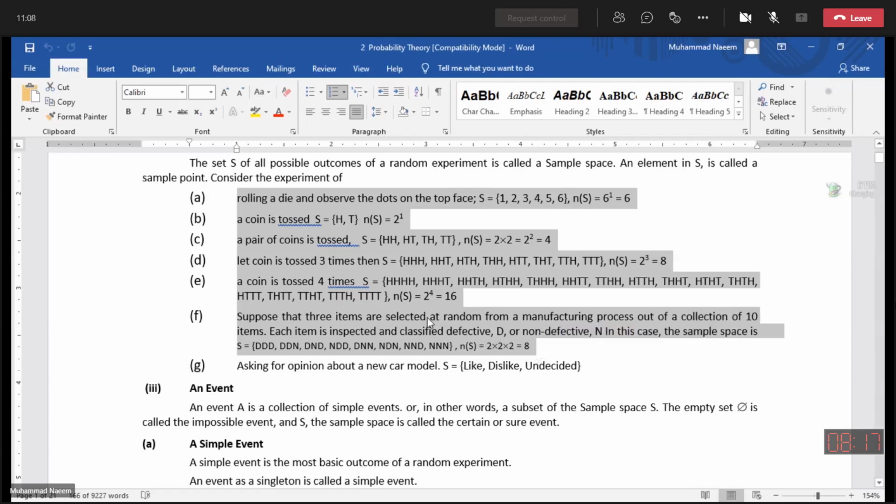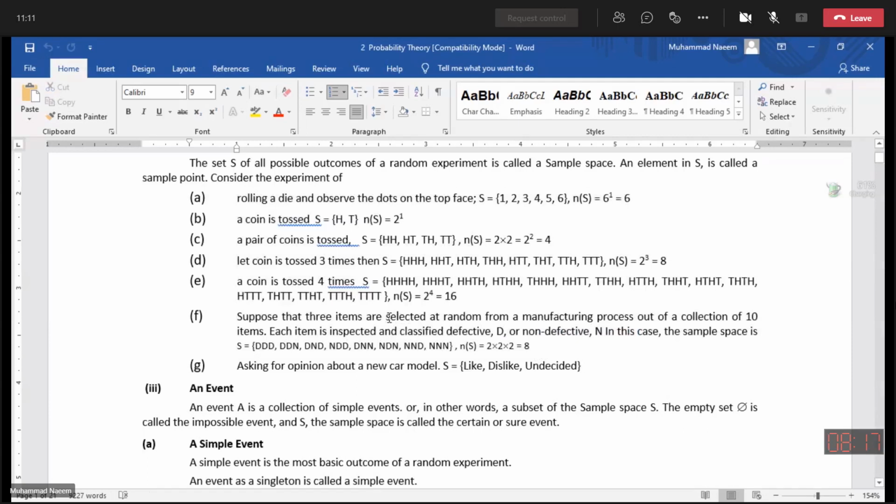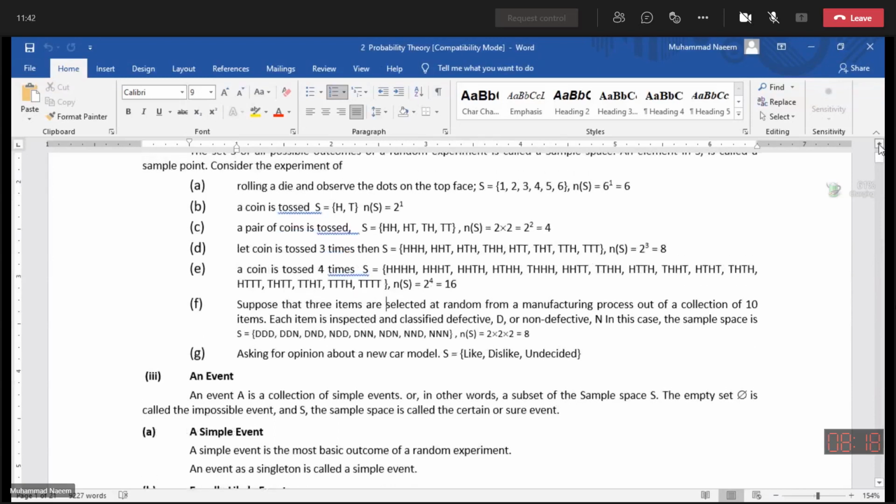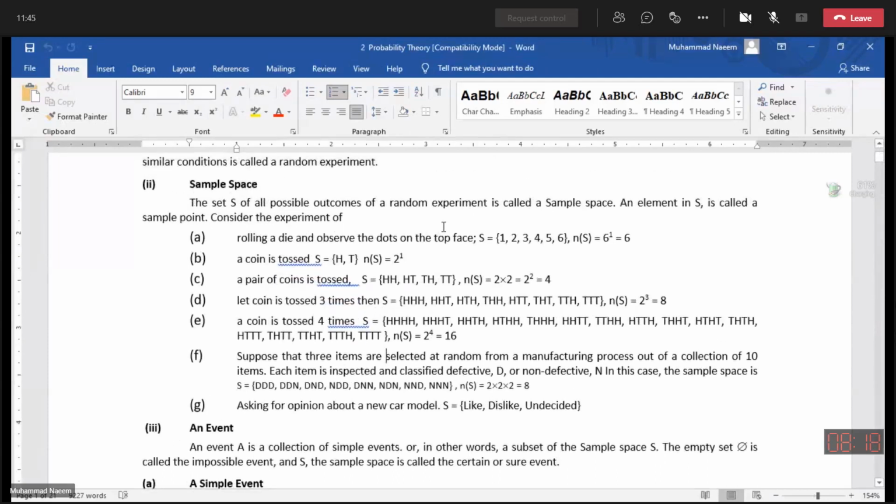If we are selecting a person or a group of persons, we have some intention in this selection, so this will not be a random selection. This will not be a random activity. Without any intention, without any personal interest, if the things are coming, the outcomes are random. These results are random.